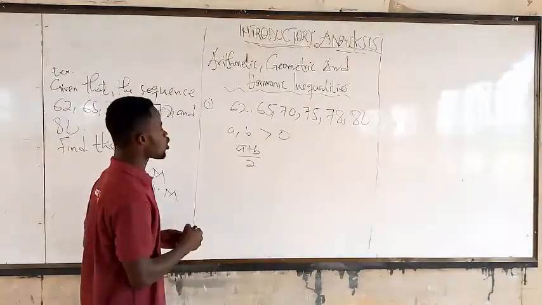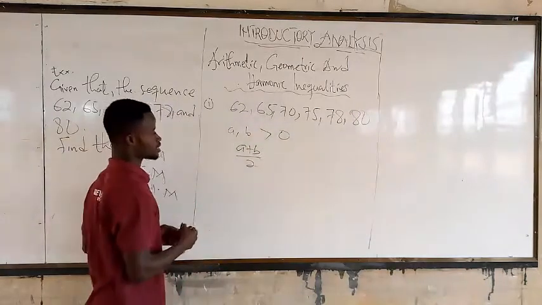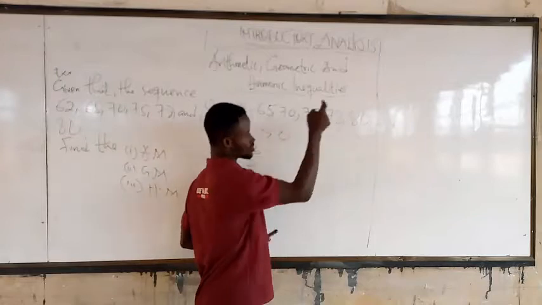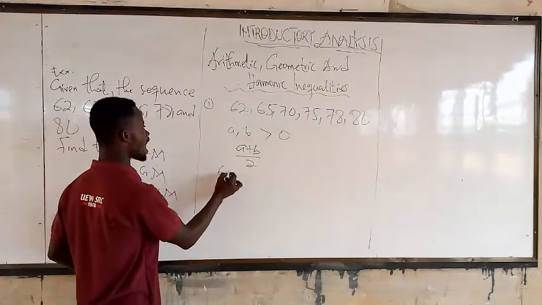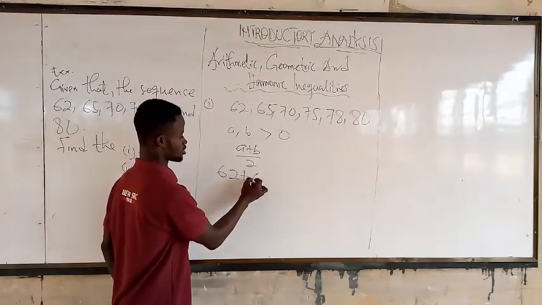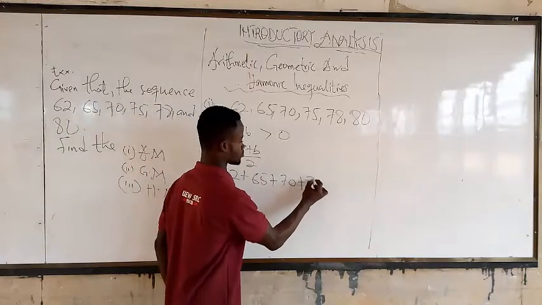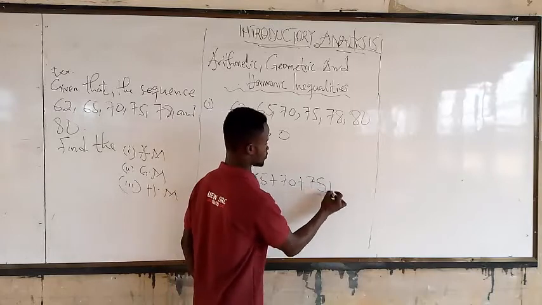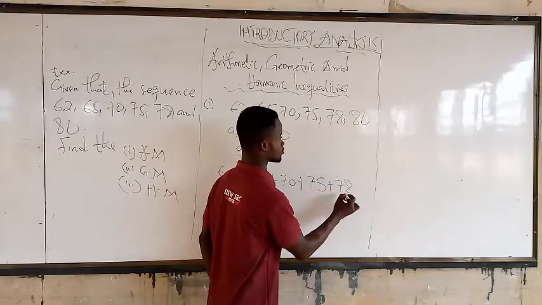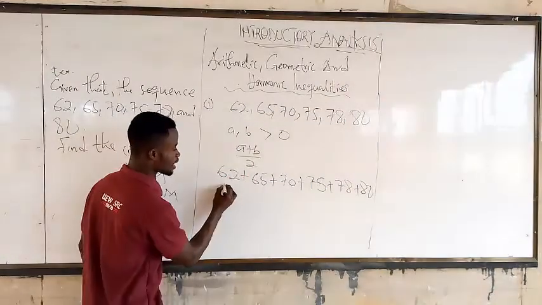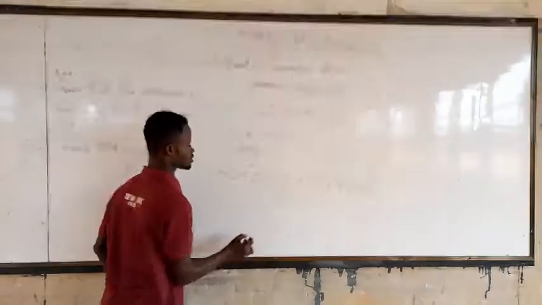So looking at this question, we have 1, 2, 3, 4, 5, 6. So we have to add all the sequence, then we divide all by 6.